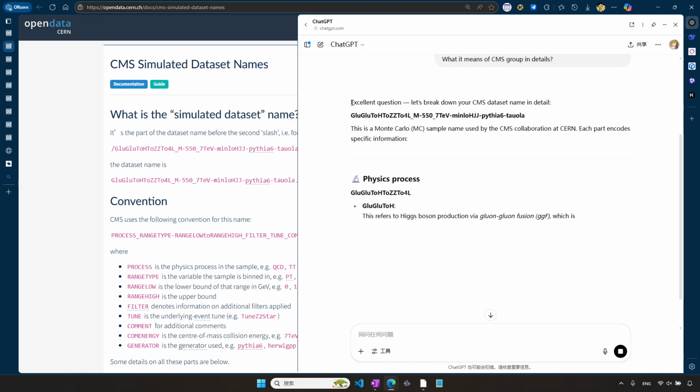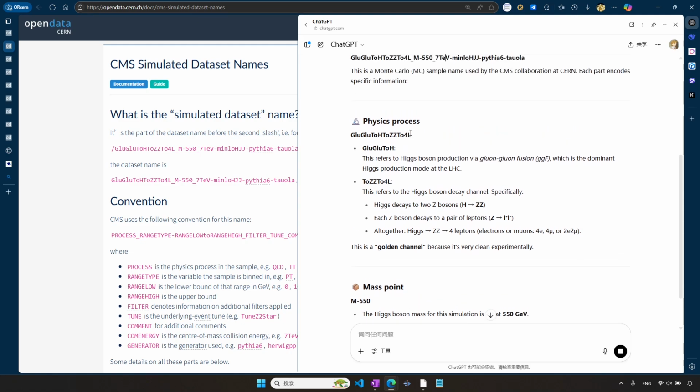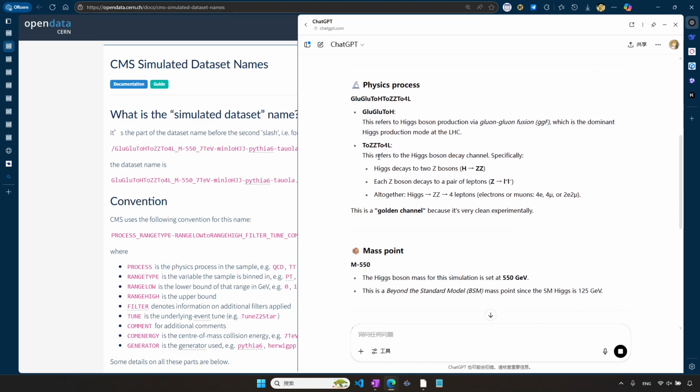Interesting. Excellent question. We can see the glue glue H means Higgs boson production via gluon fusion. 2ZZ24L means the golden channel. Okay, we can get the new information: the golden channel of the Higgs boson to 4 leptons.